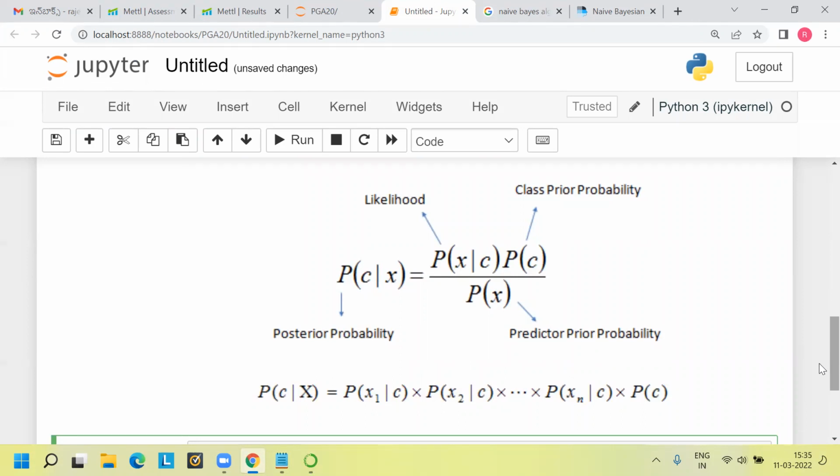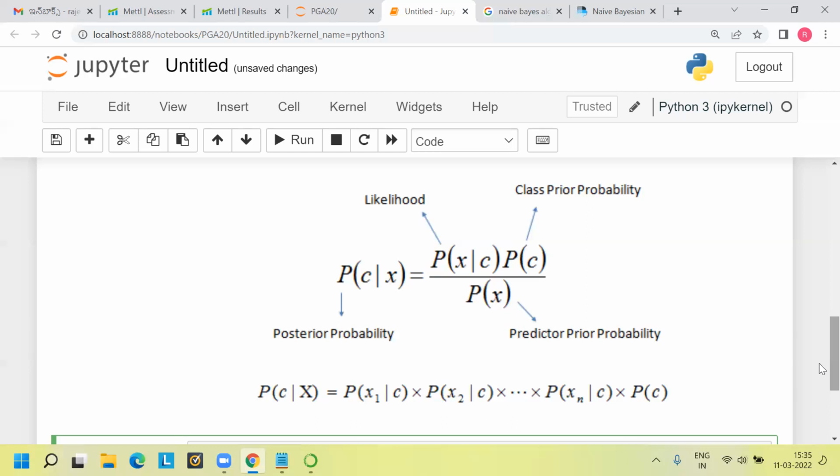See here, posterior probability is what we are predicting. Posterior probability means probability that is being predicted. Class prior probability is already calculated. Prior probability is already existing probability. Likelihood is also called evidence, evidence given outcome. And then predictor prior probability.